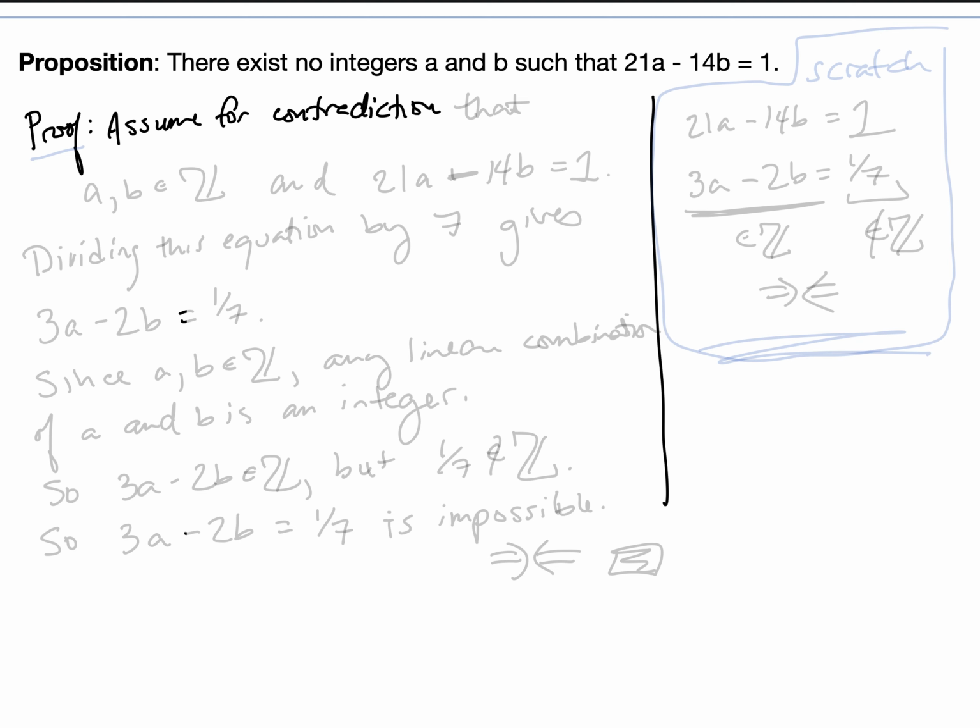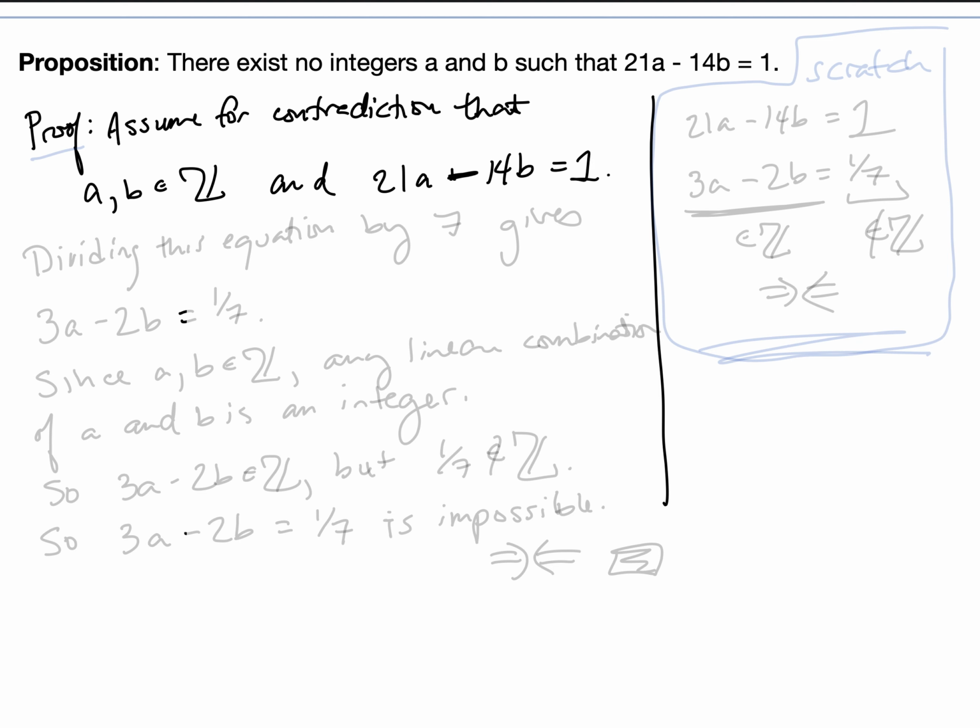If it is not the case that there exist no such integers, the negation of that is that there are integers that make that equation true. So assume for contradiction that a and b are integers and 21a minus 14b is equal to 1. So that is what we're assuming.